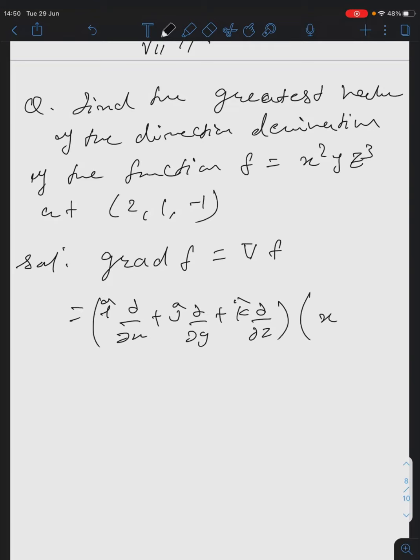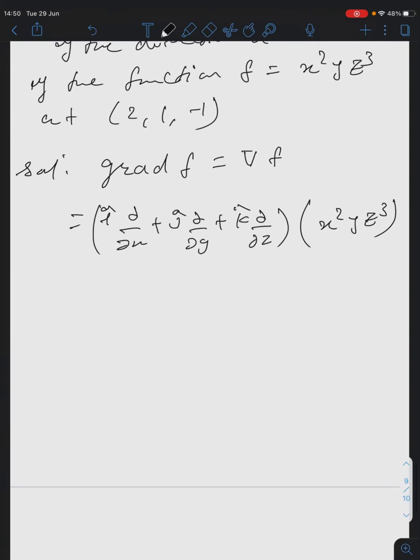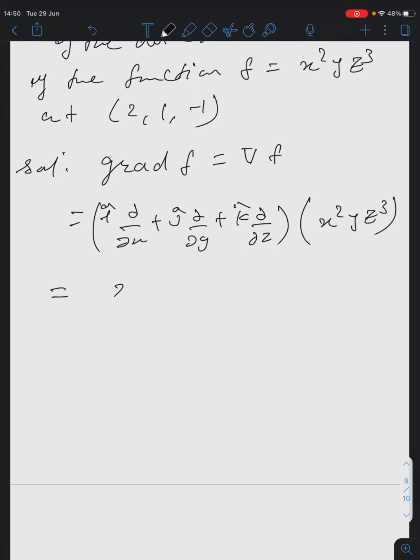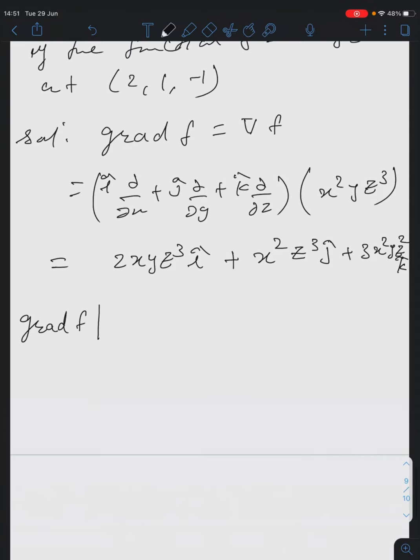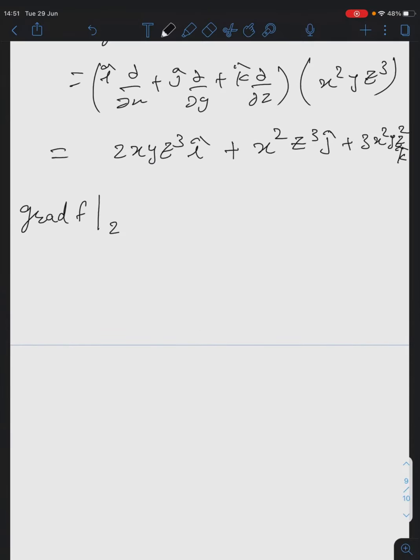What is f? It is x square y z cube. So what will be the result? With respect to x, it will be 2x y z cube i cap. With respect to y, it will be x square z cube j cap. With respect to z, it will be 3x square y z square k cap. This is the gradient of f. Now the gradient of f at the point 2, 1, minus 1: x is replaced with 2, y with 1, z with minus 1.